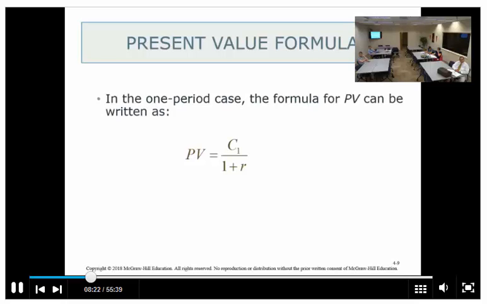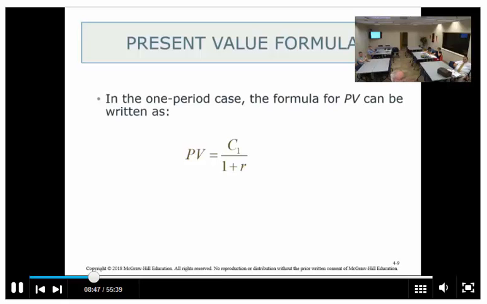Okay? So if you believe the future value calculation, then you have to buy into this. Okay? Now, some textbooks would have just used future value, FV here. Your author is simply saying C1 is the cash received a year from now. Okay.